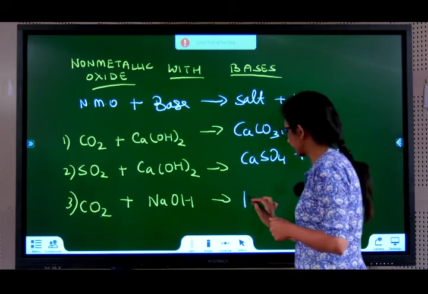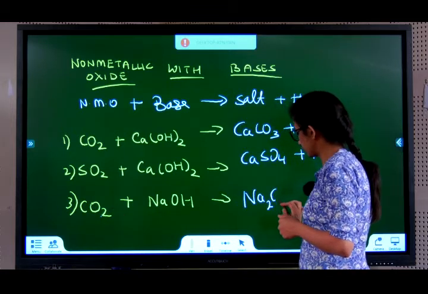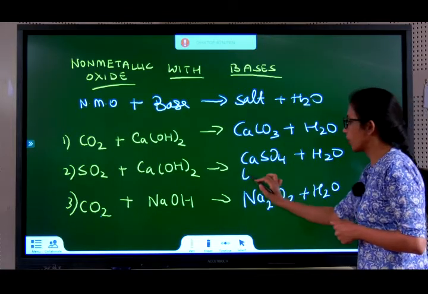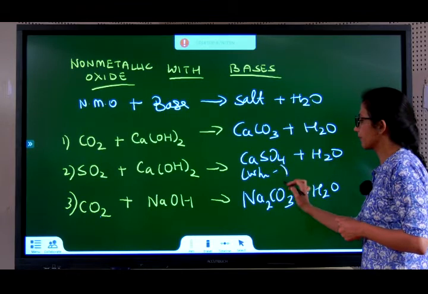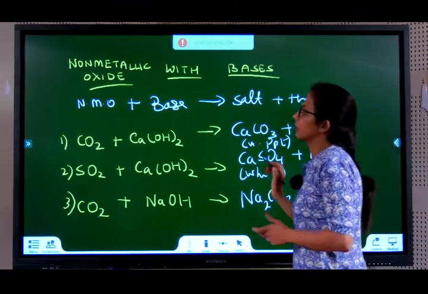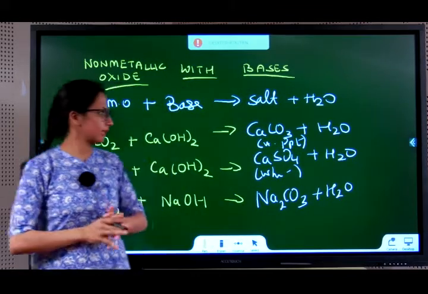Sodium carbonate, along with that water. These two form white precipitate. Please write down. These are just the three reactions you need to know.